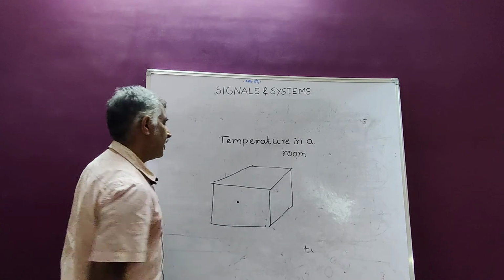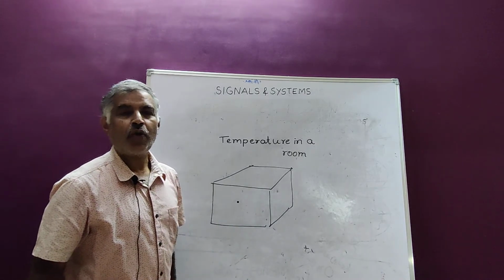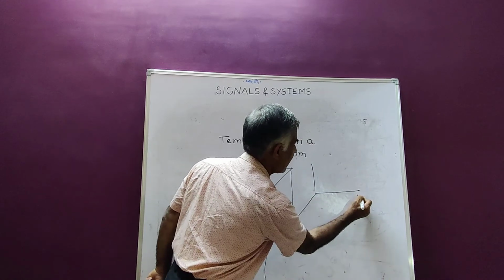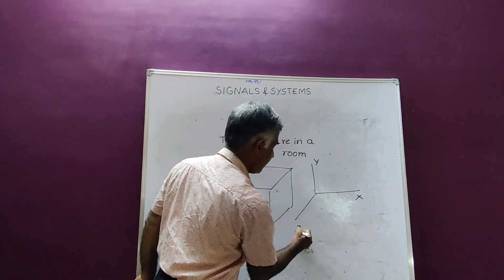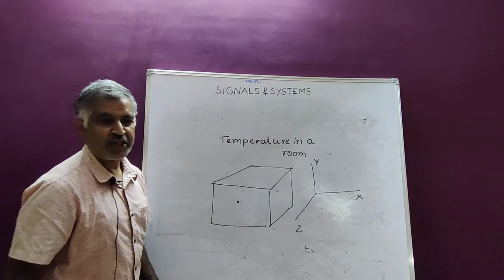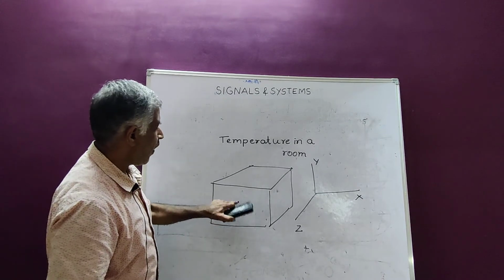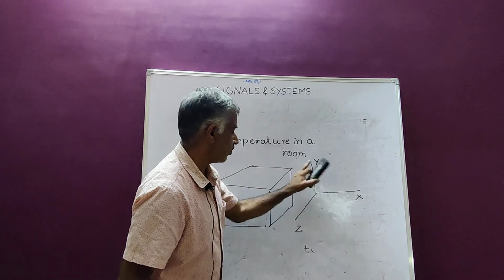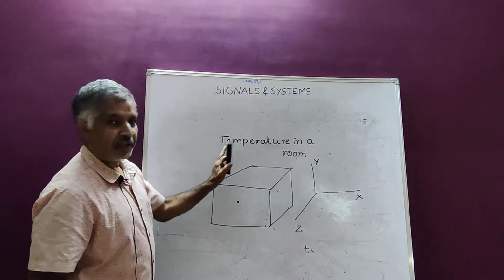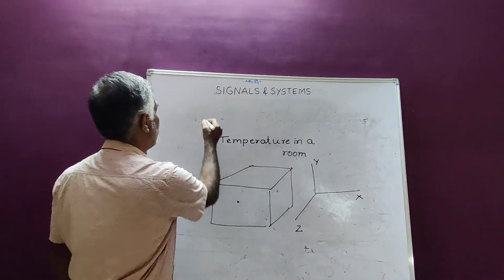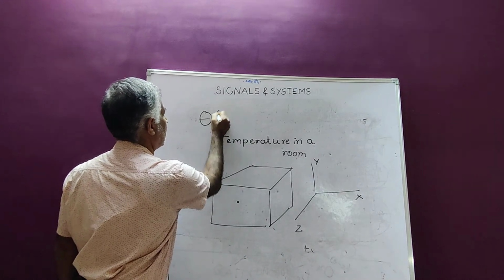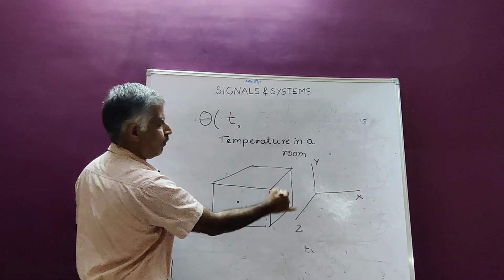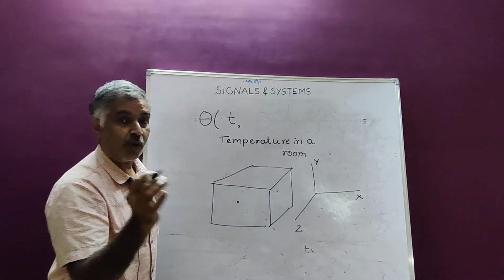So it is designated by 3 coordinate axes: x axis, y axis, z axis, in a 3-dimensional room. So temperature in a room depends on, in addition to time, the other 3 parameters, that is, location.